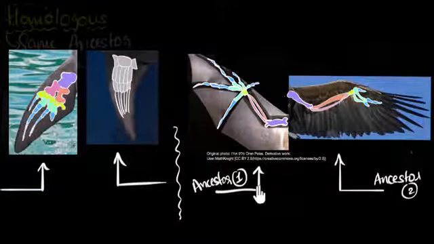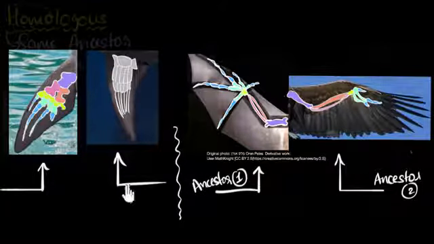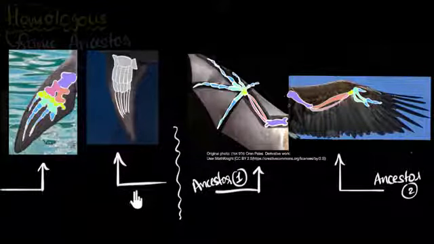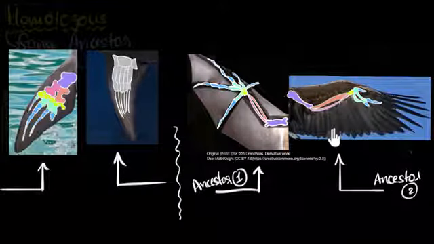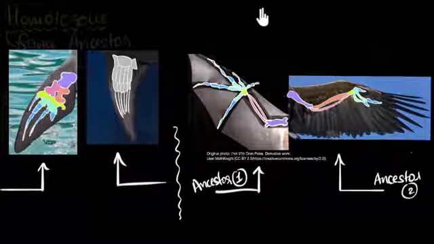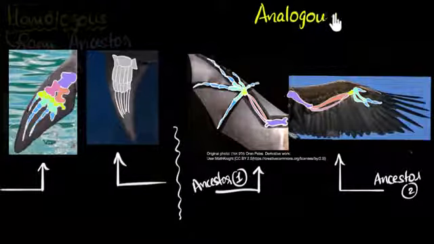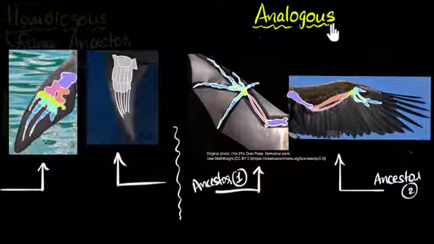Now again, if you look at these two, what common feature do you find in this kind of evolution? We see that structures come from different ancestry, but they perform the same functions. Such structures are called analogous structures, or analogous organs.